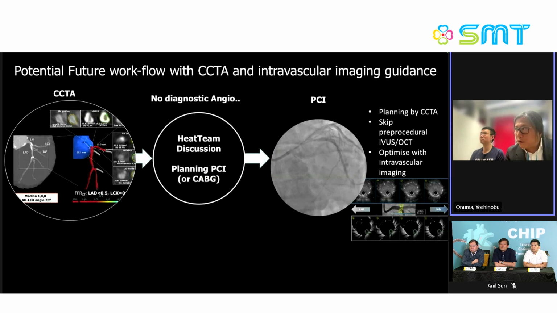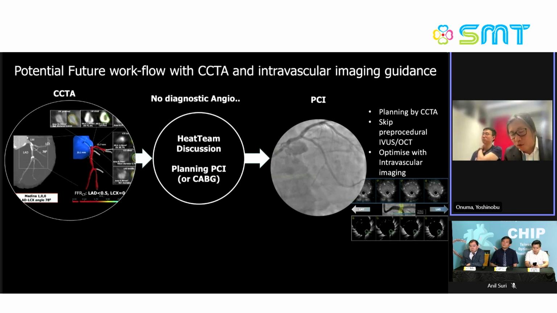And we see the gradual increase of the usage of CT before the catheterization. So initially, 2 years ago, in our all-comer trial, 20% of patients had a CT before the PCI, but now it's increasing from 20 to 30% and increasing more.